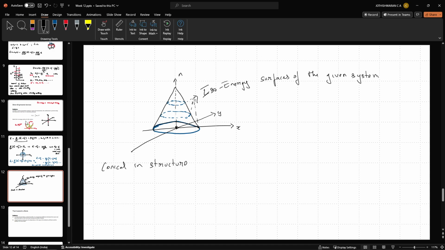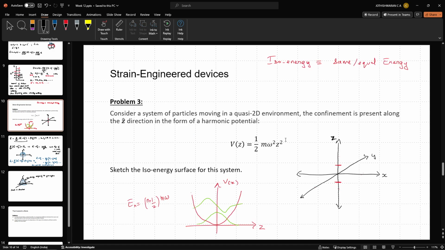I would encourage everyone to consider different kinds of binding potentials along the z-axis. You can also consider an infinite potential well and see what happens. You can consider, okay, now this is a harmonic potential. You can also consider, although it's not technically accurate, a 1 over z square potential also.